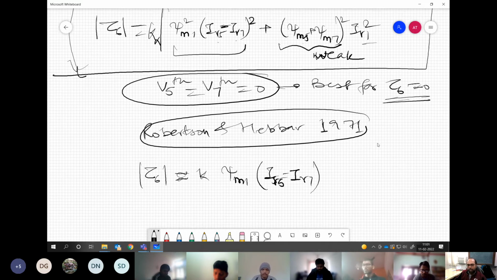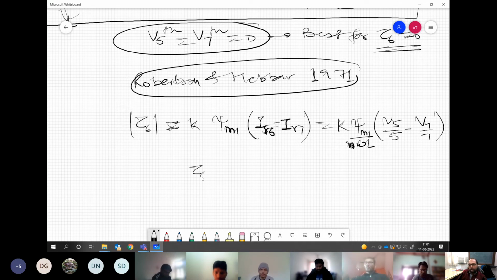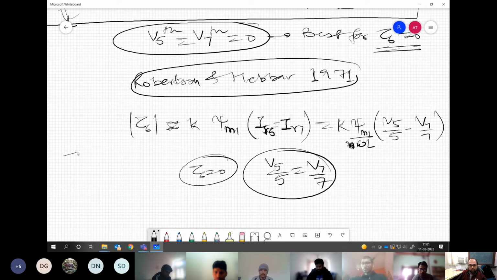Now IR5 and IR7 can be written as V5 by 5 omega L and V7 by 7 omega L. So they have given the way that, if you want to make tau 6 equal to 0, you only need to make V5 by 5 equal to V7 by 7. However, this story is incomplete.